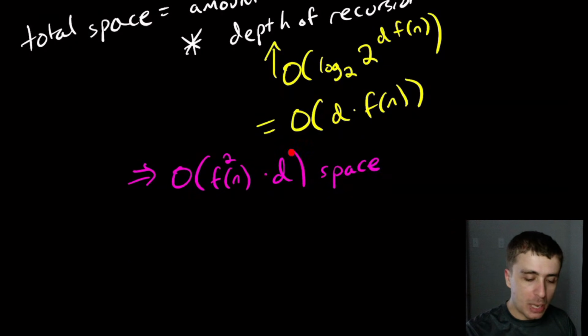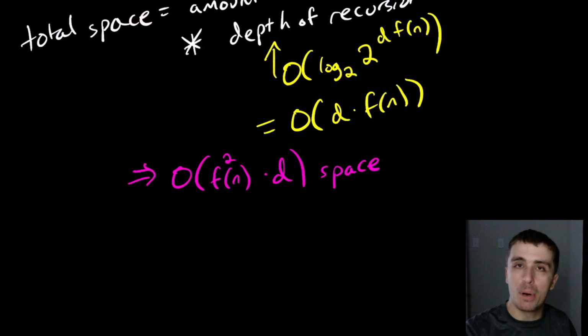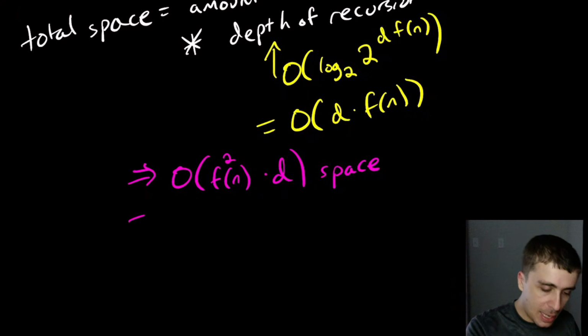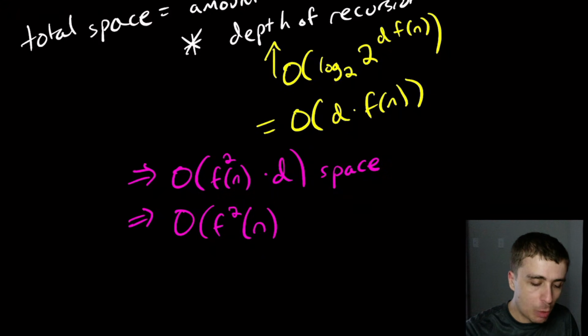If we wanted to talk about this in general, you would have the d right here. But since it's independent of the input string, it's a constant, and we can reduce this to some other constant potentially times f squared of n space.